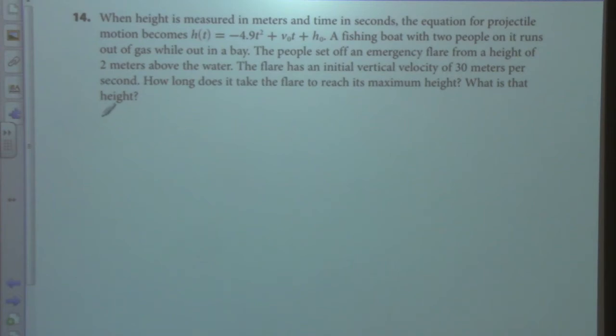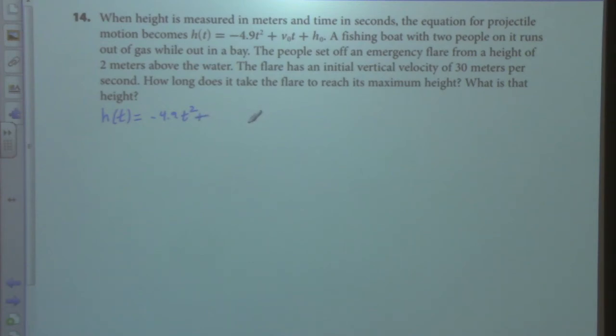What is the first part of this? Didn't you just copy down the equation that's been given? Yeah, you can just copy down the equation, let's do that. So we have negative 4.9 t squared, and what's the next thing here?